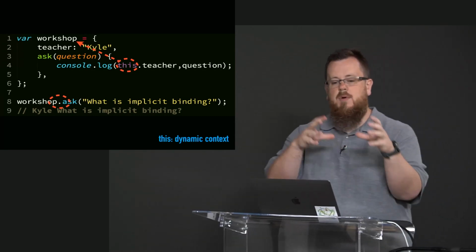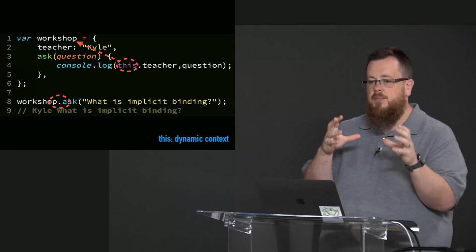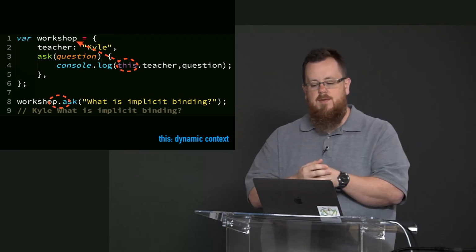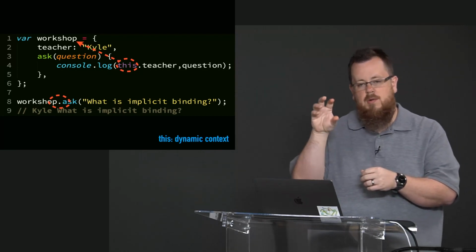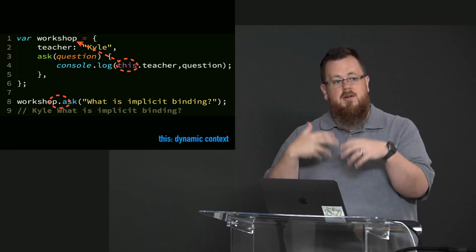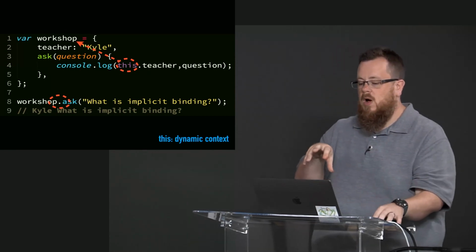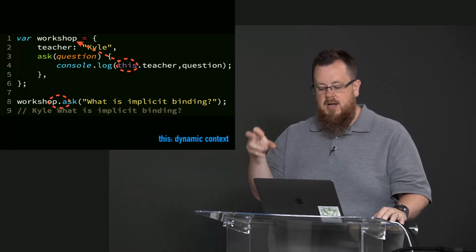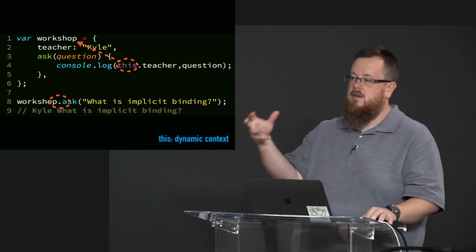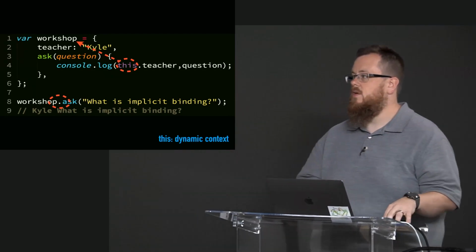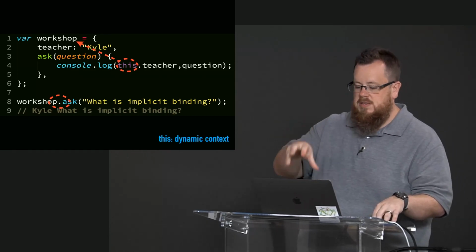So it says workshop.ask. That's an implicit binding of the workshop as the this keyword. So on line 4, when we have a this keyword, for that particular invocation of the function, it's going to point at workshop, which is why when it says this.teacher, it's going to end up pulling out the name Kyle instead of undefined or some other value. So it was entirely based upon line 8.